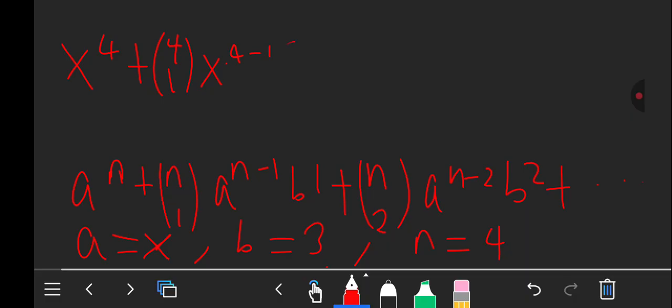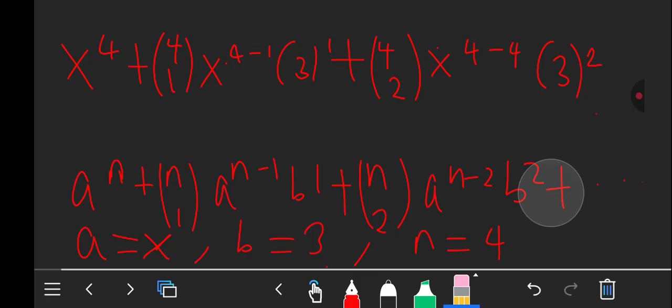Our b is 3 to the power 1. Again you continue, plus 4 combination 2, that is our n. a is x, so x to the power n minus 2, that is 4 minus 2. Then b, our b is 3, so 3 raised to the power 2. So you just continue like that.